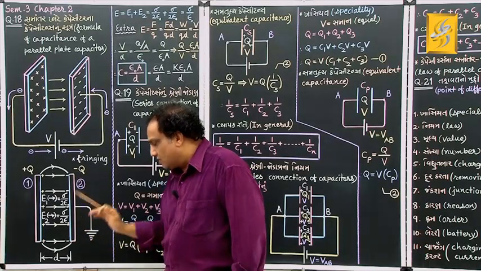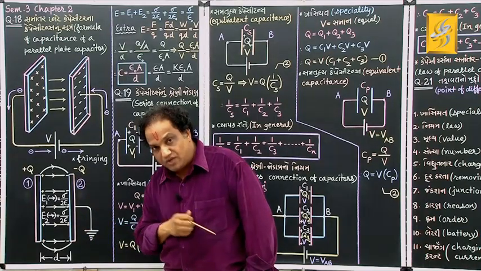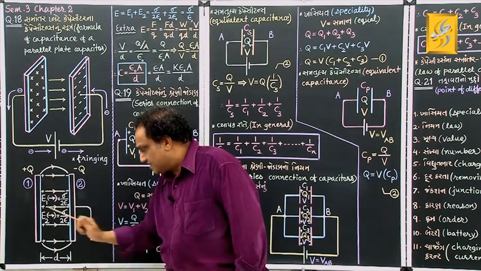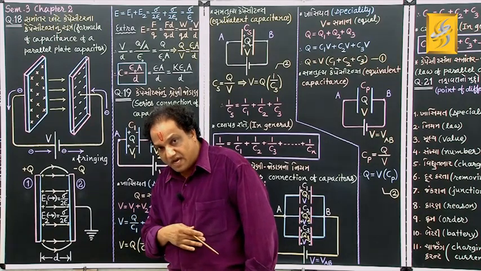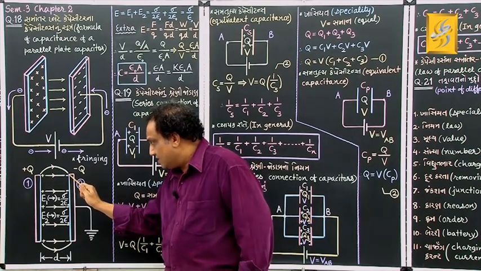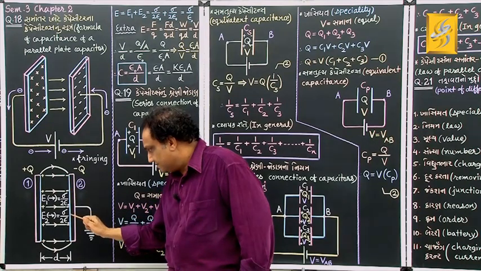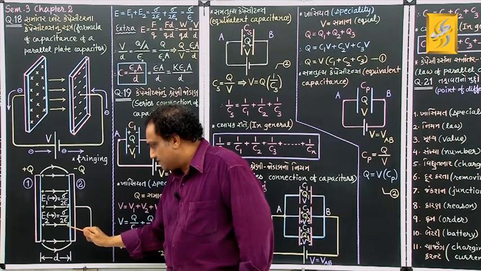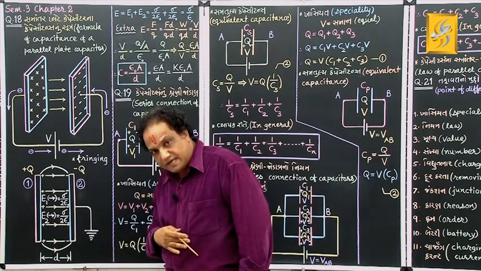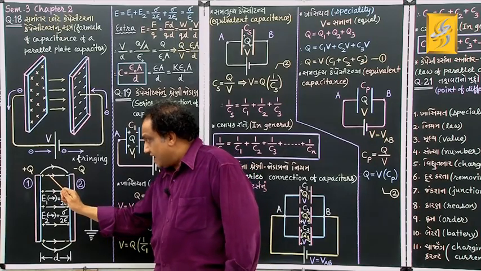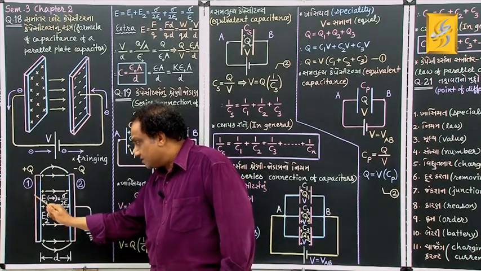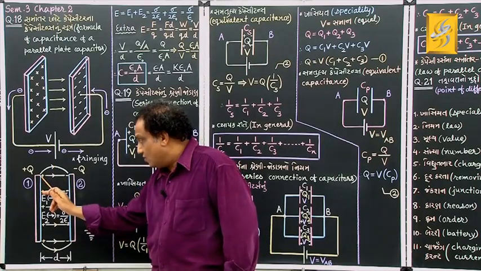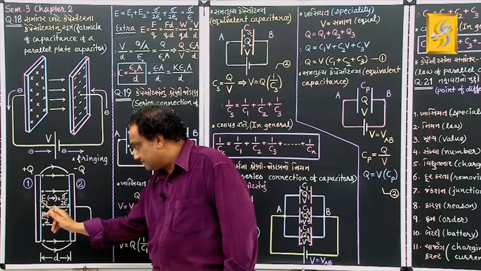This plate is electrically neutral, but in that also there are plenty of free electrons. So depending upon the magnitude of this positive charge, an equal amount of negative charge will get established here on this inner face, and that is why I am showing here the presence of electrons, negative charge, correct? And the charge which was spread over the entire surface now gets deposited only on this inner face.